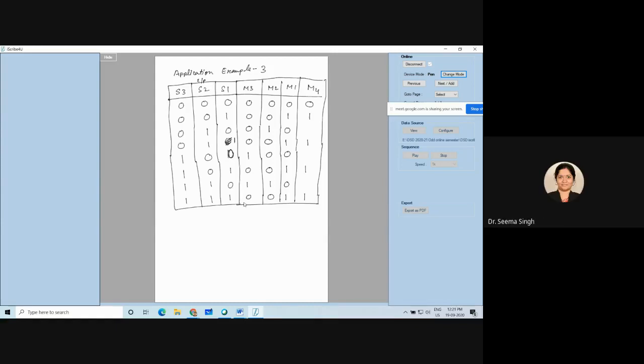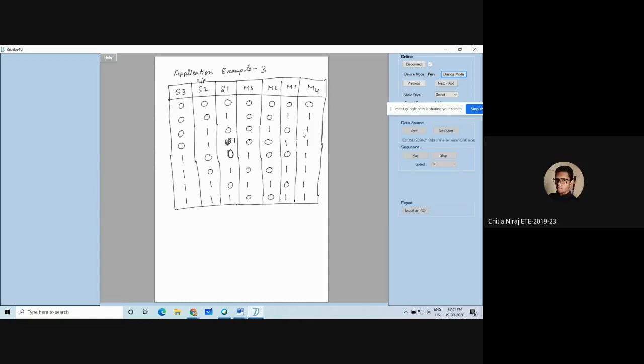Yes, ma'am. Okay. So now, if any belt is running, my master belt has to run. Otherwise, product will not move. So wherever I see 1, if any belt is running, in all the cases you can see either 1 or 2 belts are running, so M4 will be running in all of them.